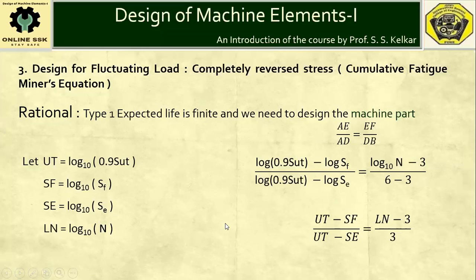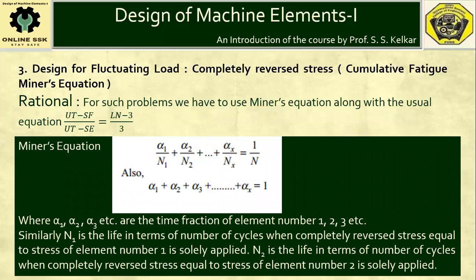But if the applied load, and hence the induced stress, is varying in a cyclic fashion, then for finding out the life of such a machine part, we have to use Miner's equation. Miner's equation is as specified here: alpha 1 upon n1 plus alpha 2 upon n2 plus alpha x upon nx is equal to 1 upon n.